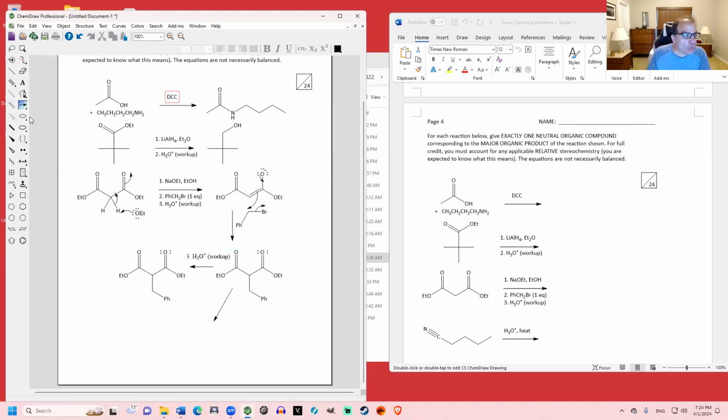If it did not mention a workup, if it just said H3O plus, then I would assume that we would hydrolyze both esters, decarboxylate that carboxylic acid, and wind up with an acetic acid derivative. So that little word workup makes all the difference.